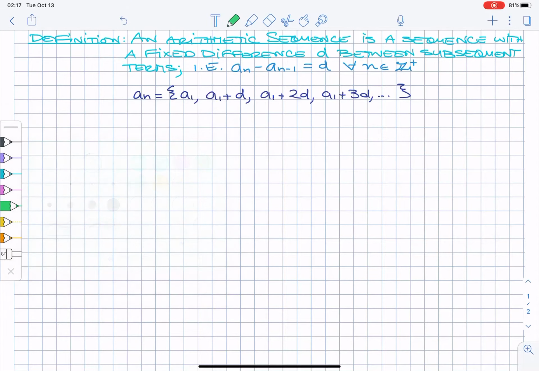So let's note, a1 is a1 plus 0 times d, as it is listed above, and a2 is a1 plus 1 times d, and a3 is a1 plus 2 times d, then it should be the case that a sub n is a1 plus 1 less than n, n minus 1, times d.